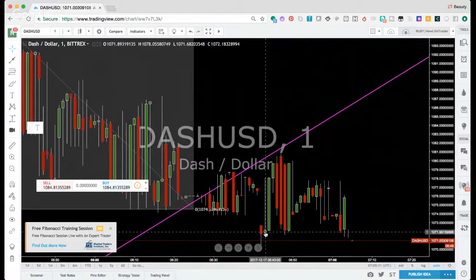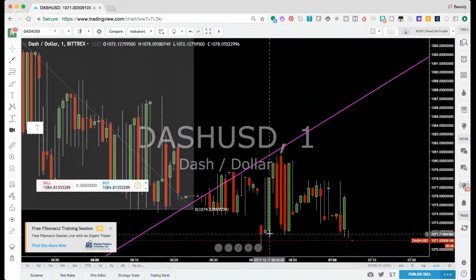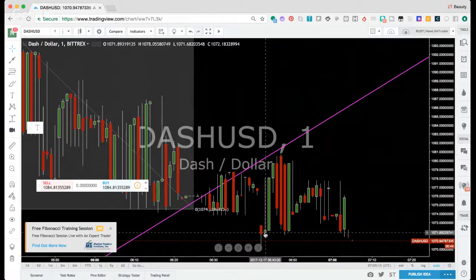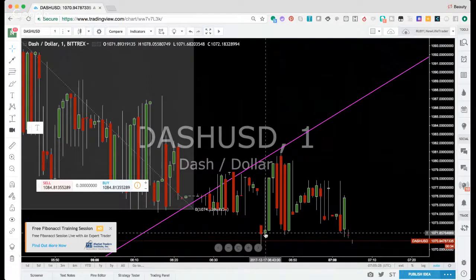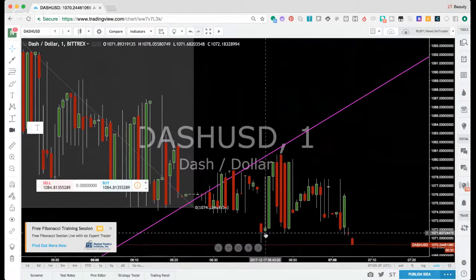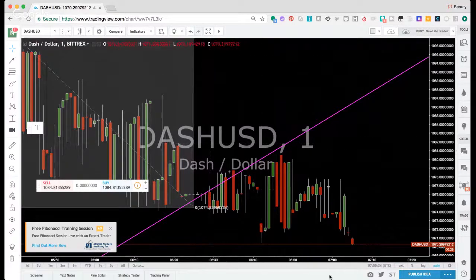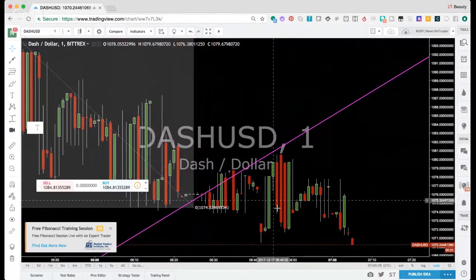This is where the bulls came in, but there were not enough bulls to hold the price up, and then they kind of corrected that. But yeah, it is a hammer. It would be called a long-legged hammer, and we might be getting some follow through now. I'm not too sure. It's a little funky right there.